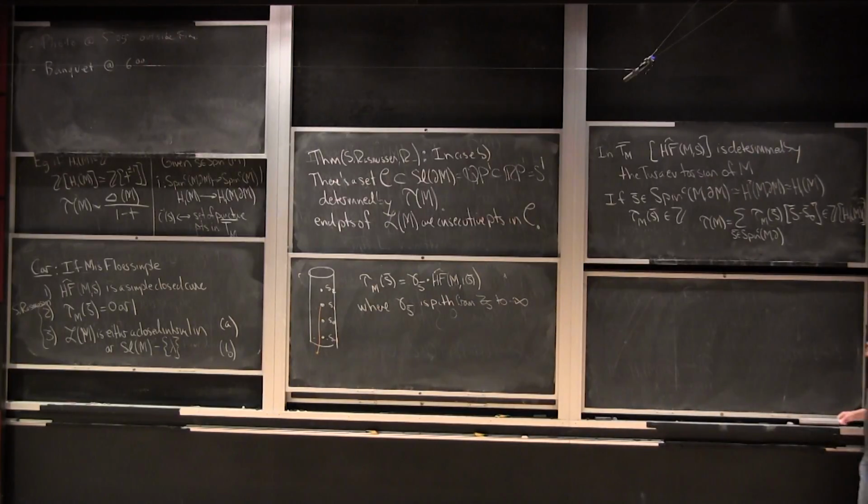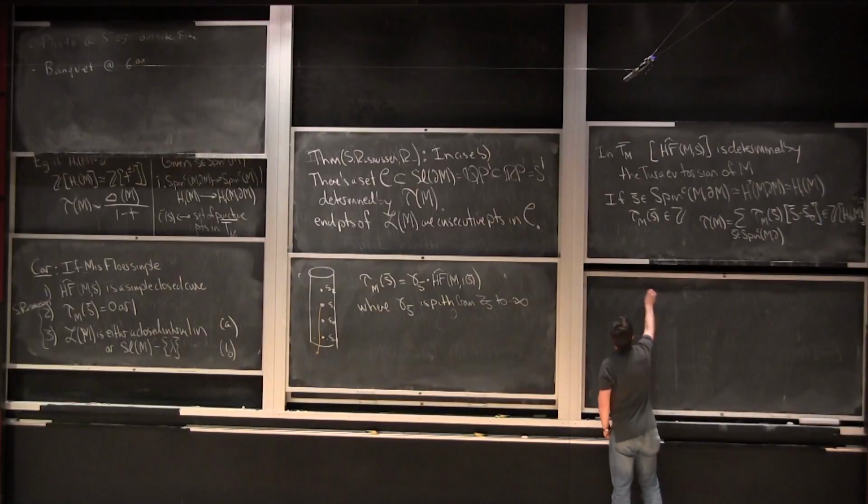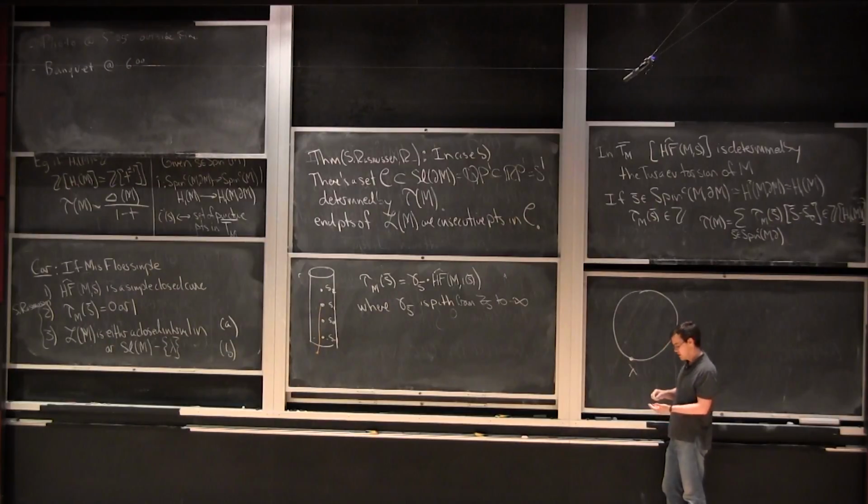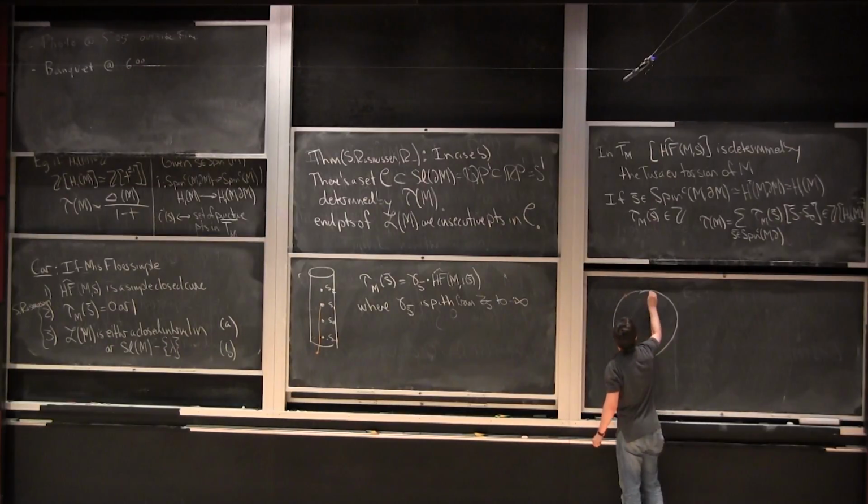So what does this set C look like? Here are the slopes. There's a special point on it, which is given by the homological longitude. And then this set C is nowhere dense, except it has an accumulation point at the homological longitude.